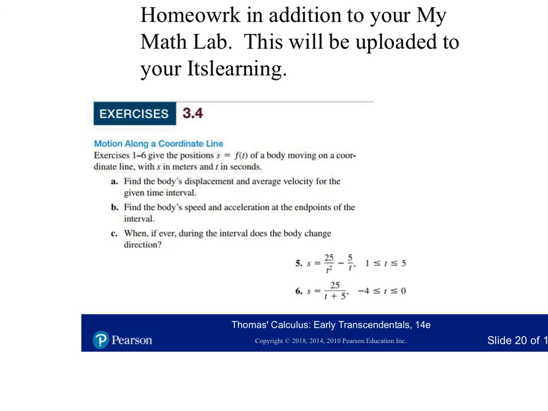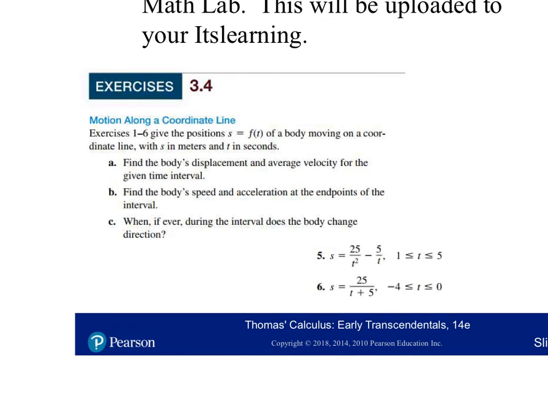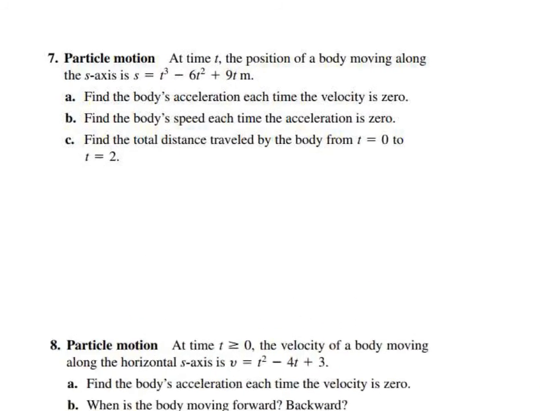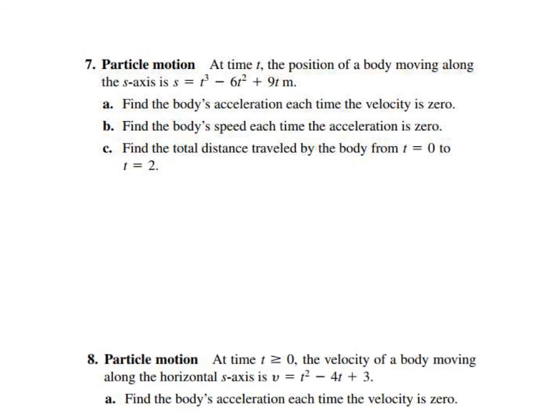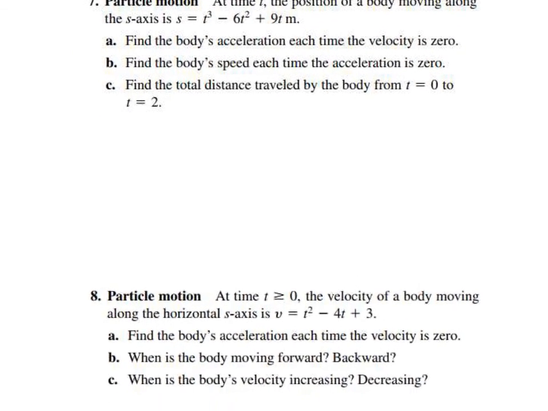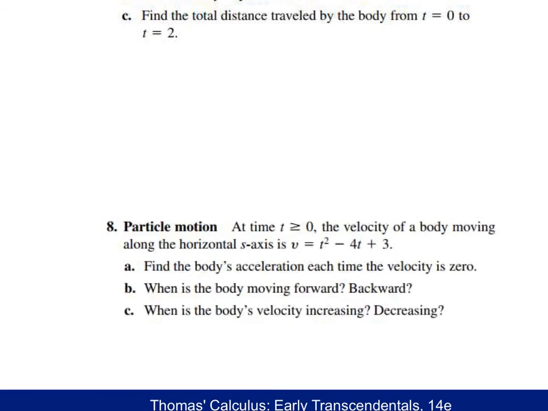You got number 5 and 6 needs you to do the A, the B, and the C. Show your own work on your own paper. Then you got number 7, which is its own problem. They give you a function, A, B, and C. You're doing acceleration, speed, total distance traveled. That's displacement.